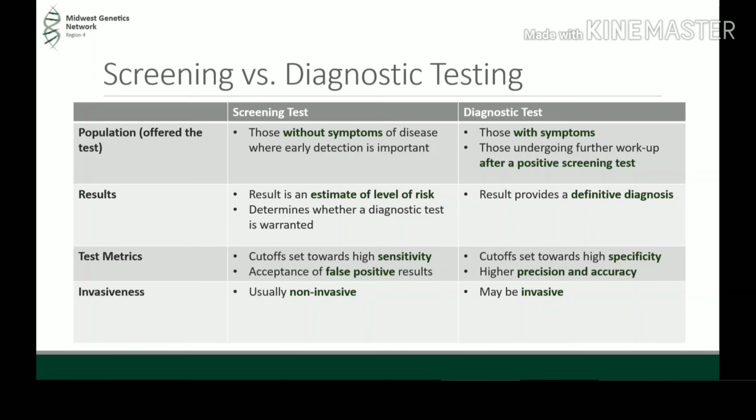That is, we really want to try to identify all truly affected individuals, but to do so, that means that the specificity of the screening is usually lower. So a proportion of individuals with a positive screen will ultimately be found to be unaffected, and the test result will be considered a false positive.